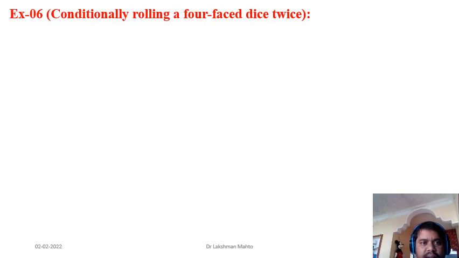One example is conditionally rolling a four-faced dice twice. We have a dice which is not a regular dice. It is a very specific dice with just four faces. That means if you roll it once, the sample space would contain just four numbers: 1, 2, 3, 4.